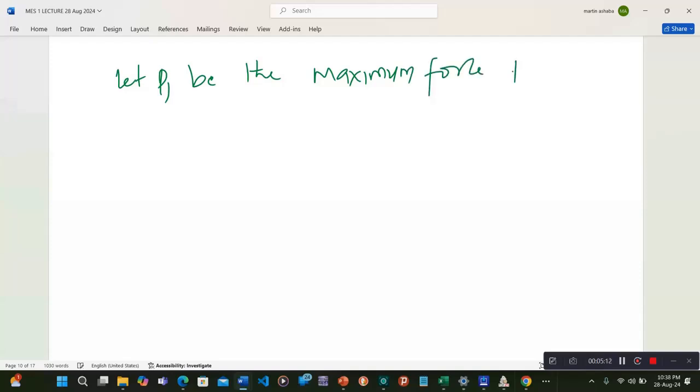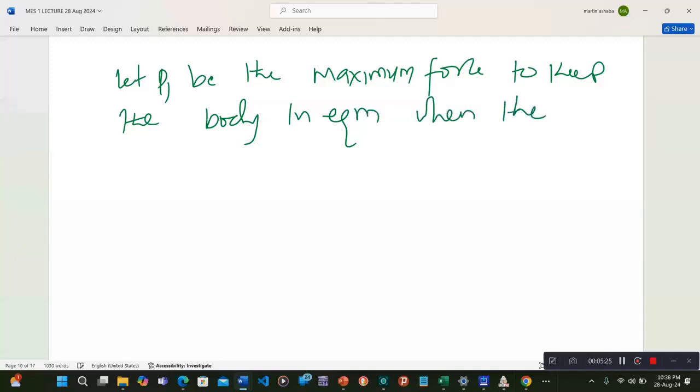So let P1 be the maximum force. Let it be the maximum force to keep the body in equilibrium when the body is just about to move upwards.